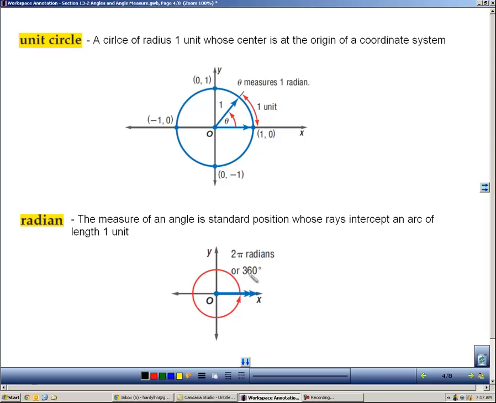It turns out that 360 is the degree measure all the way around, but 2 pi is the radian measure all the way around. That would mean that pi is halfway around, and half of pi is the same as a 90-degree angle, and 3 pi over 2 is the same as a 270-degree angle.